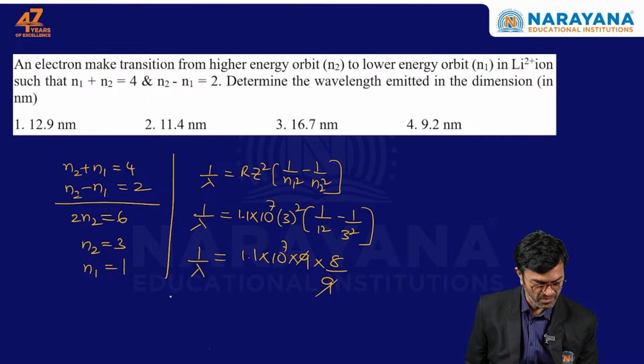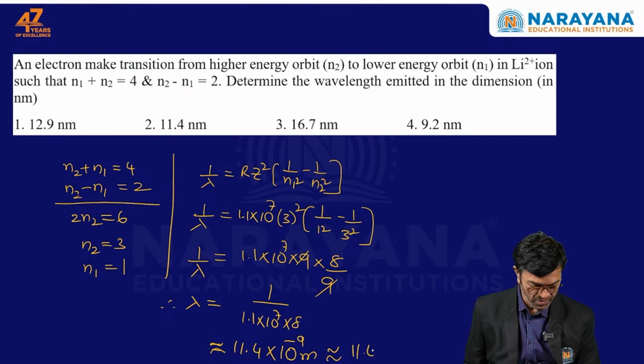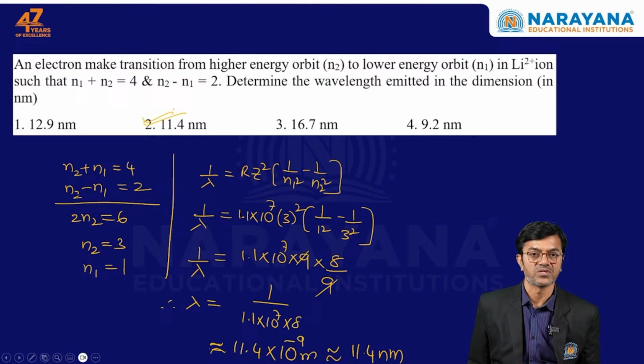This is 1 by lambda, and we need lambda. So lambda is equal to 1 upon 1.1 into 10 to the power of 7 into 8, which comes out to be approximately 11.4 into 10 to the power of minus 9 meters, that means 11.4 nanometers. So our answer will be option 2.